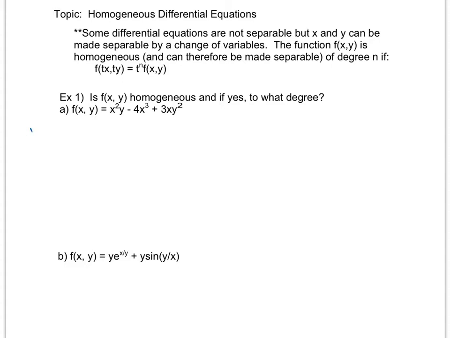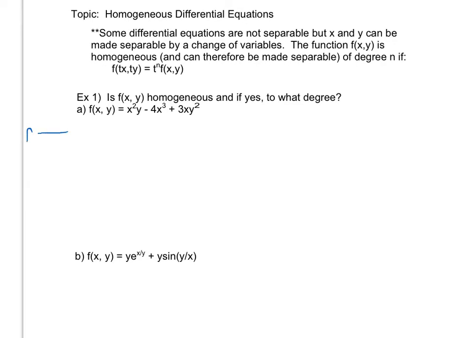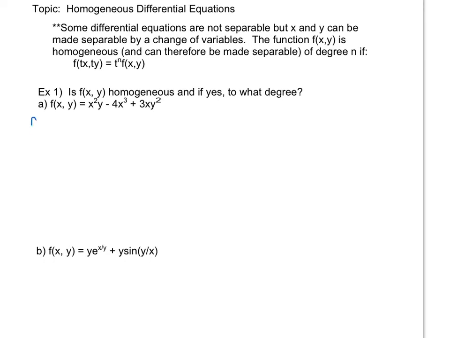So all I'm going to do is plug in f of tx, ty. Every time I see an x, I'm going to put tx in its place. Every time I see a y, ty.